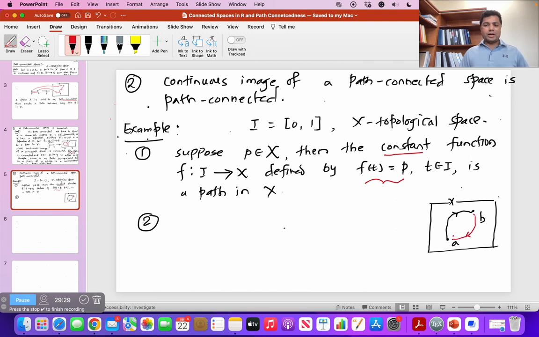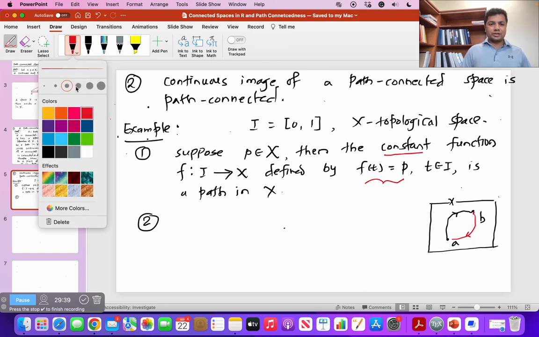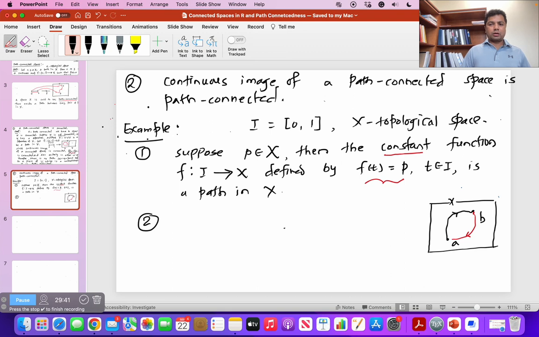So this is another, kind of obvious, example of a path.